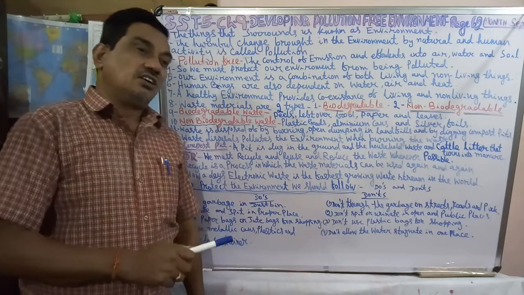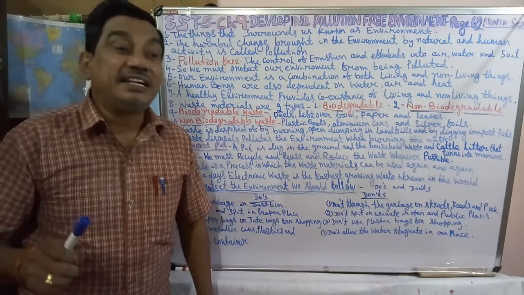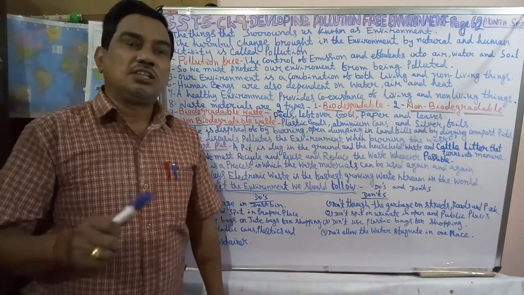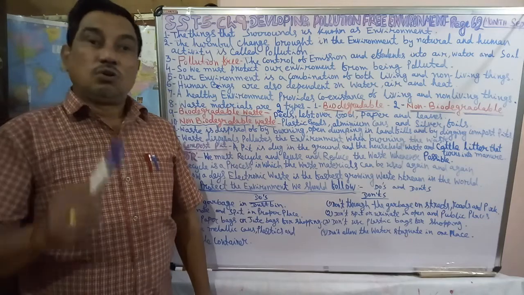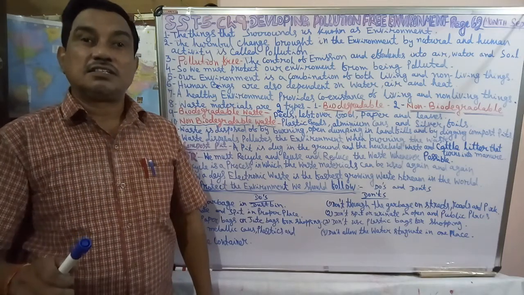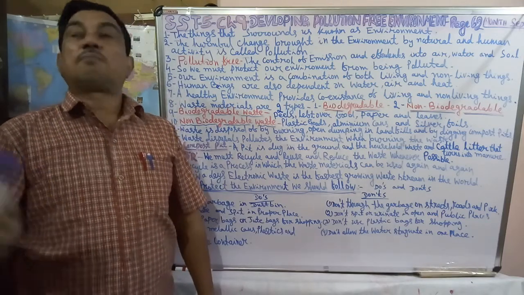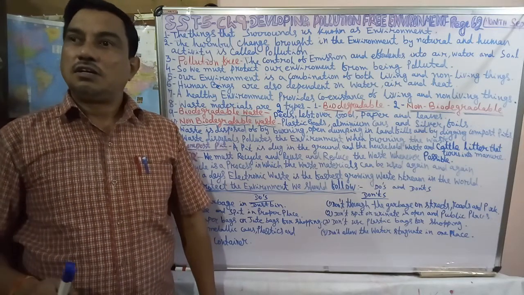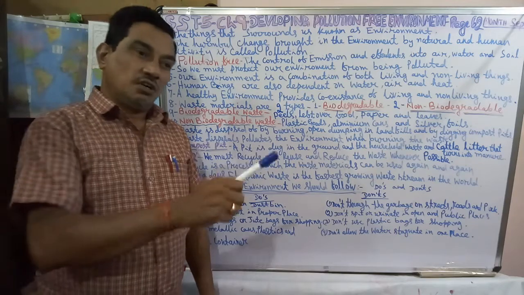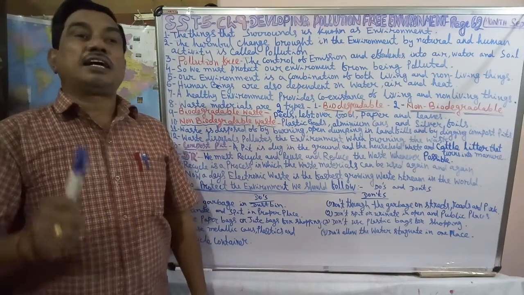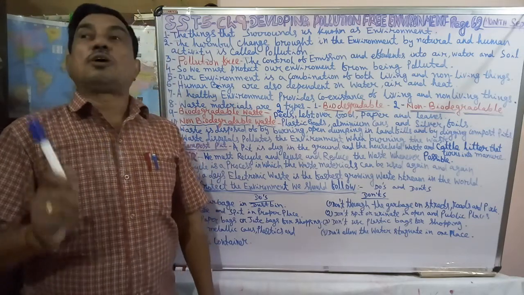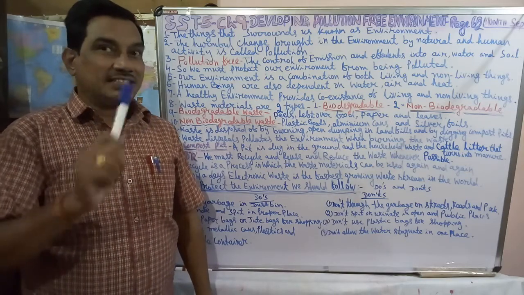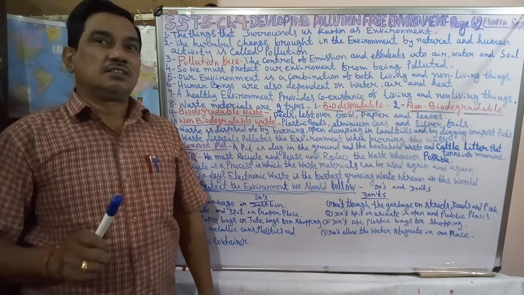Then second, urinate and spit in the proper place. Don't spit or urinate in the open or public places, coronavirus will increase. Then use paper bags and jute bags for shopping. Don't use plastic bags or polythene bags.